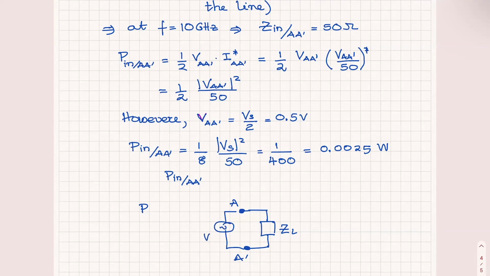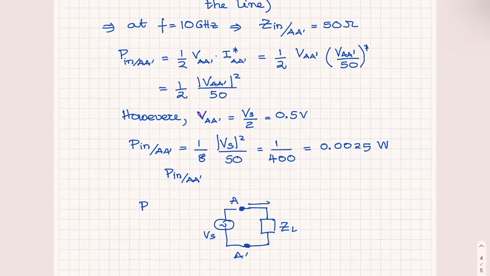And this is Vs. And the current that flows through it is IAA prime, and this is VAA prime. Then the power that is delivered to this ZL is 1/2 by definition VAA prime, IAA prime complex conjugate.